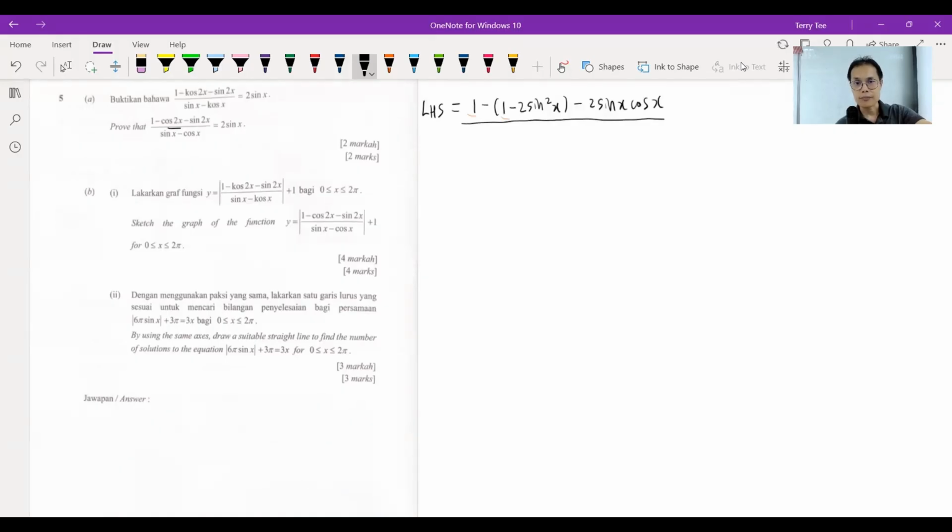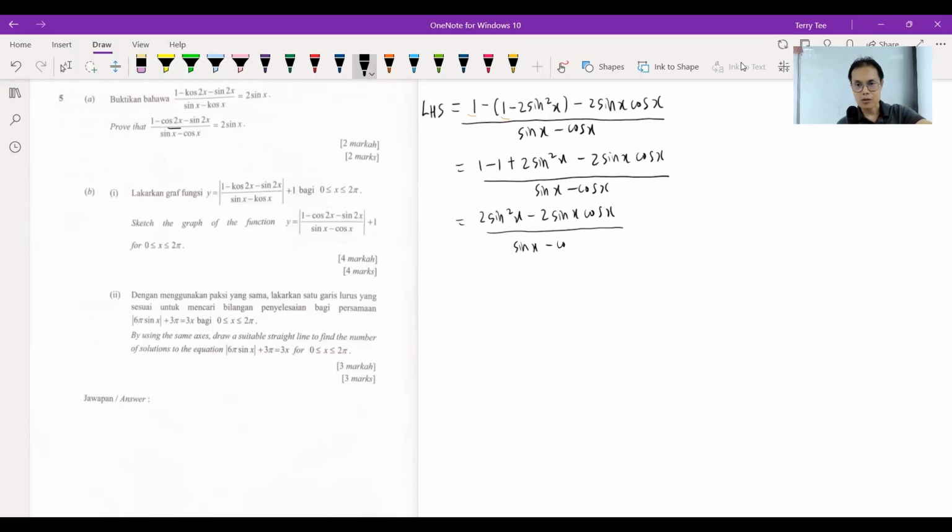My denominator is sine x minus cos x. So 1 minus 1, you can cancel off, becomes 0. This is 2 sine square x. This is 2 sine x cos x. My denominator is sine x minus cos x. So this is 2 sine square x minus 2 sine x cos x divide by sine x minus cos x.